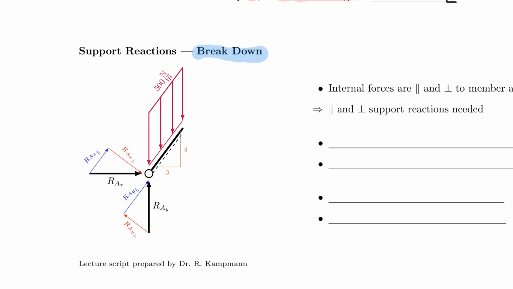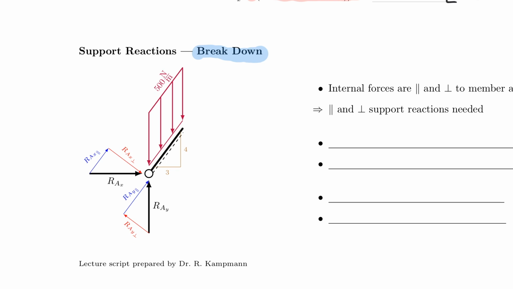So let me point towards it. So RAX, which we just calculated, has a component that is perpendicular to the beam, and it has a component that is parallel to the beam. So I'm going to call these RAX parallel and RAX perpendicular. And similarly, RAY parallel and RAY perpendicular.